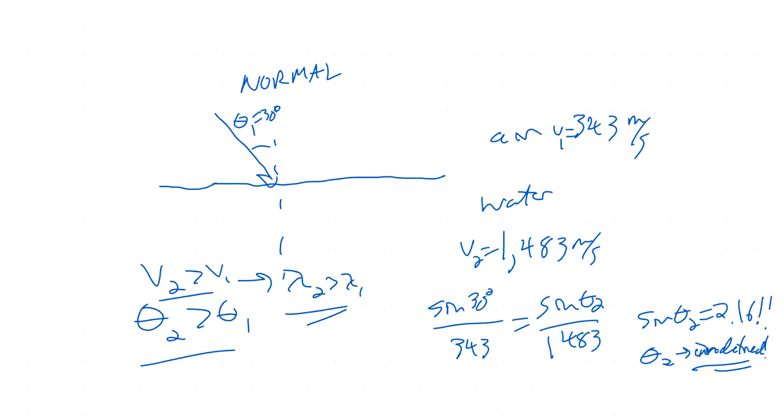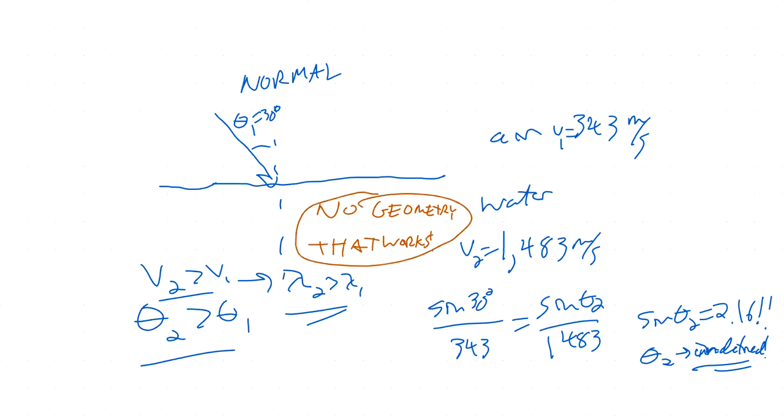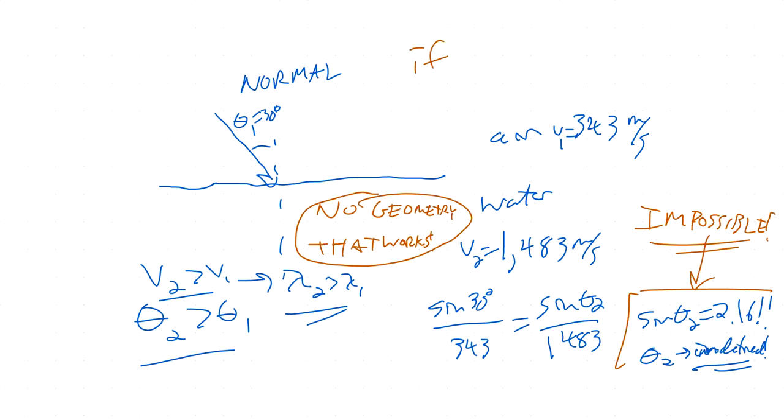There is no geometry that works in this case. So this reveals that there is no angle of refraction. This mathematical impossibility reflects a physical impossibility, and that's pretty cool. So that means it doesn't go through. If the sine of theta 2 is greater than 1, there is no refraction.